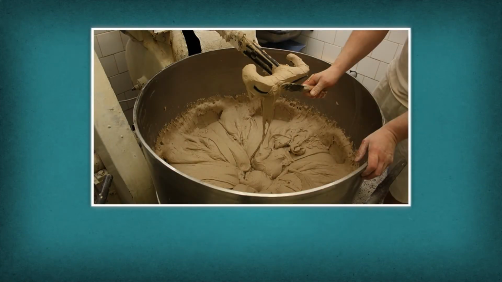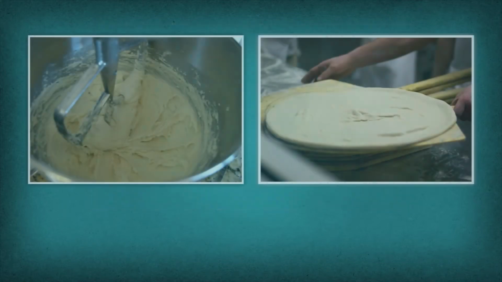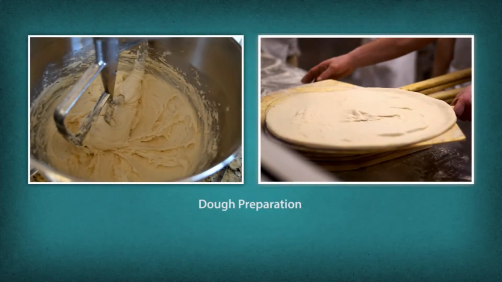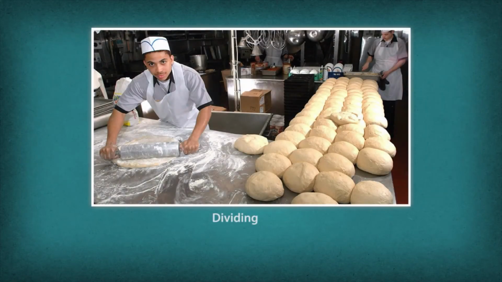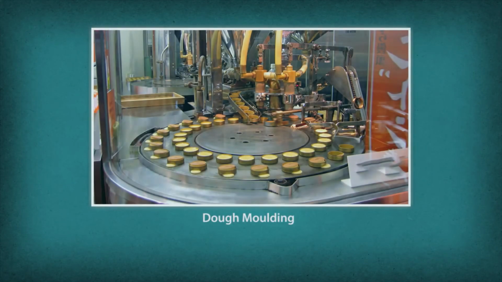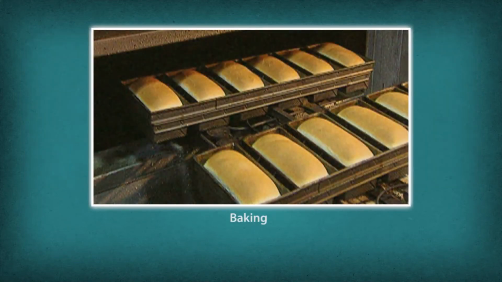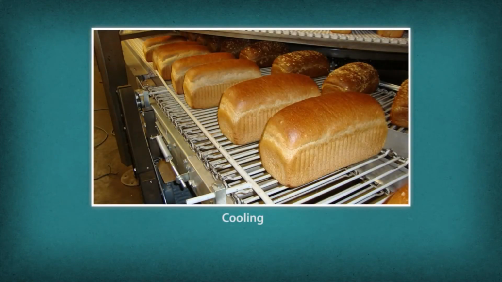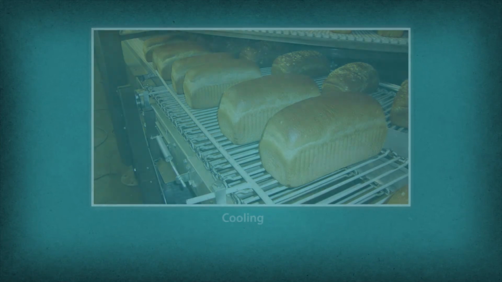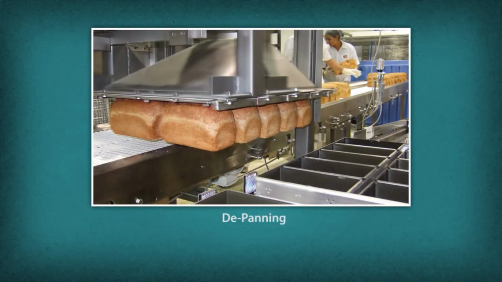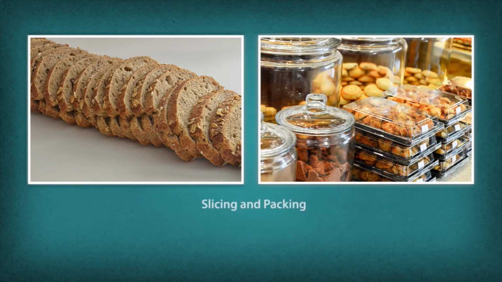Following are the broad steps giving an overview of the entire process of baking. Pre-mixing, dough preparation, dividing, dough molding, proofing, fermentation or non-fermentation, baking, cooling, depanning, slicing and packing.